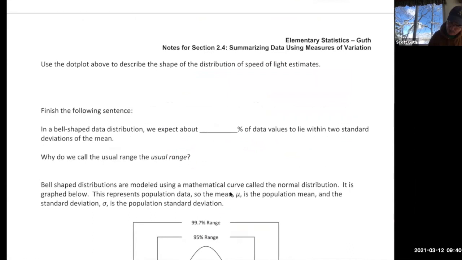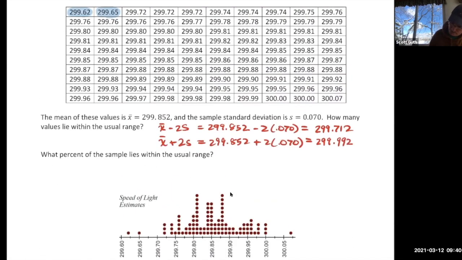So we're going to find out who's out. This one is out. That's outside of the usual range. This one's out. Okay, this other 300 is out. But then there's a 299.99, which is inside. It's below 299.992.